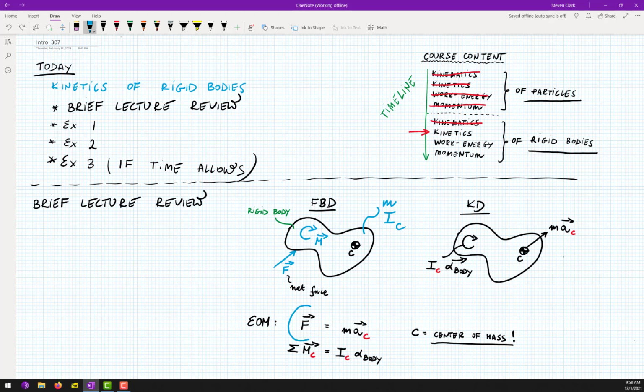Sum of forces equals m times AC, the acceleration of point C. And then if we take sum of moments about point C, sum of moments about point C equals IC times angular acceleration of the body. The most important thing is marked here with red: these equations are valid for point C only. No other point.